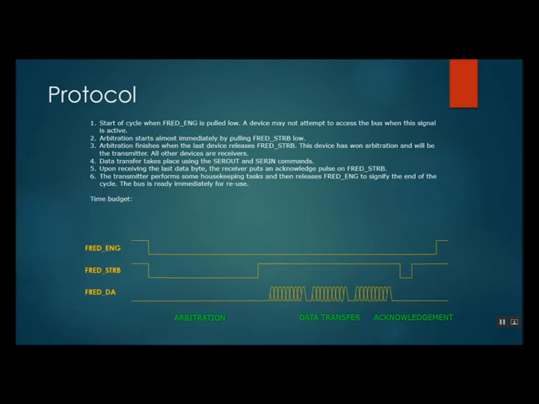Putting in some actual figures, the arbitration process is highly variable. It's going to depend entirely on the addresses of the devices that are attempting to gain control of the bus, and there's going to be a minimum of about 1 millisecond and up to a maximum of about 13 milliseconds. The data transfer is also variable depending on the amount of data to be transferred.